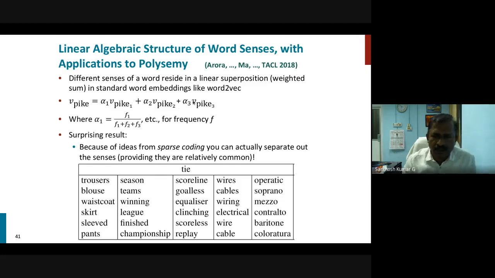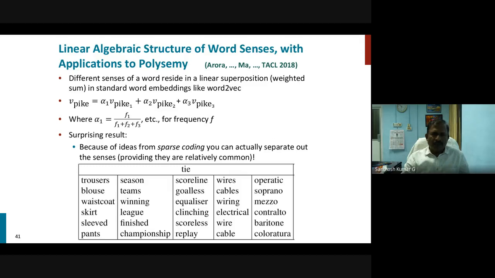Linearly you just make an addition, and then use this pike for the task. This is very recent work. You can see that in 2018 they did this, and there are very surprising results.